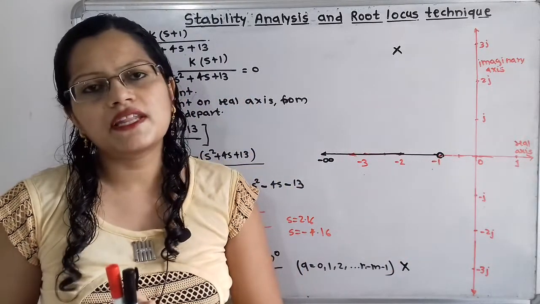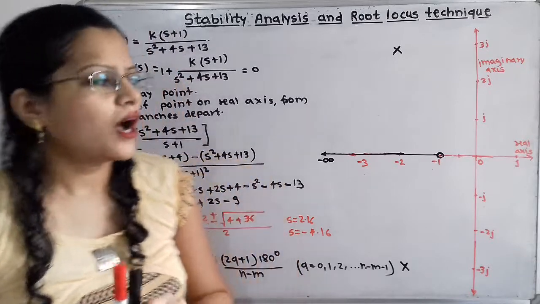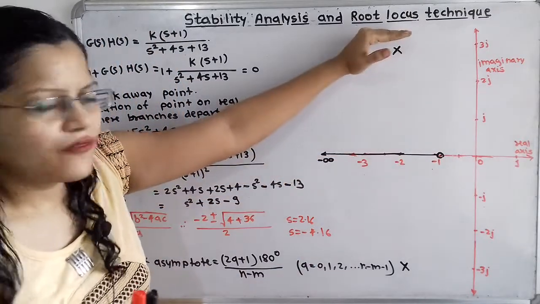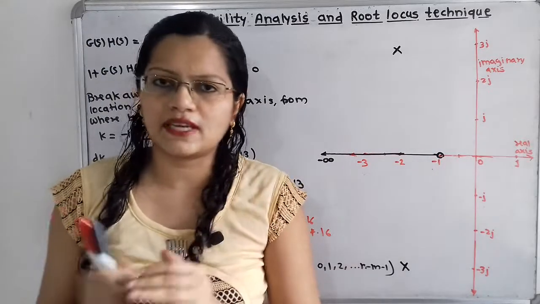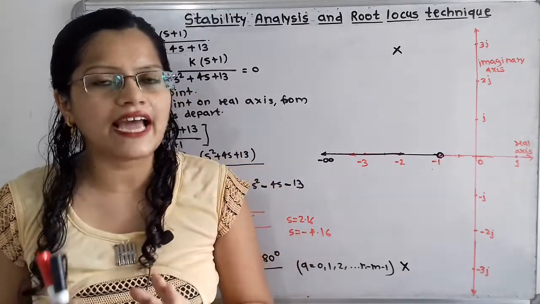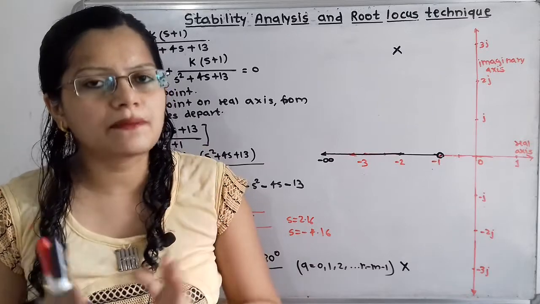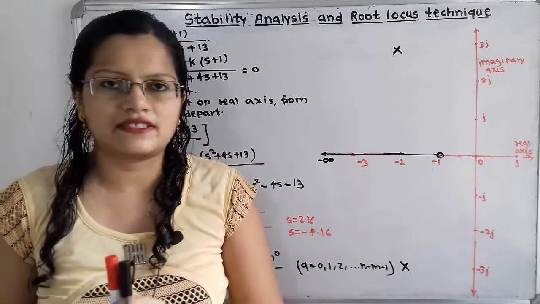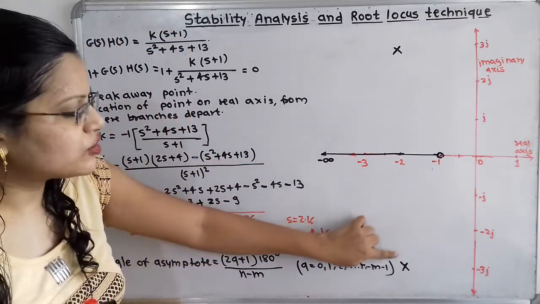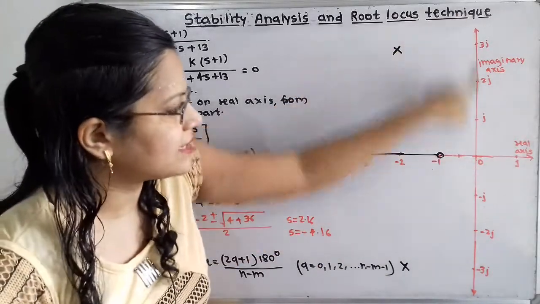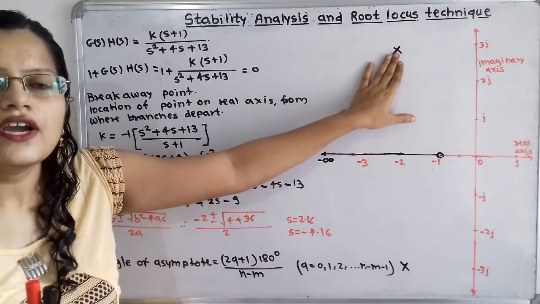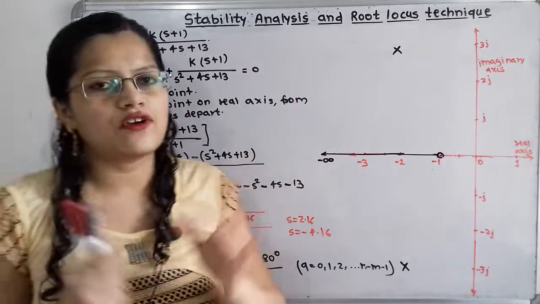So what is the meaning of that? That means the upper portion from the real axis and the lower portion from the real axis should be the same. That is, the graph should be symmetric about the real axis, and when the location of poles and zeros does not lie on the real axis and imaginary axis, then only we have to calculate the angle of departure.